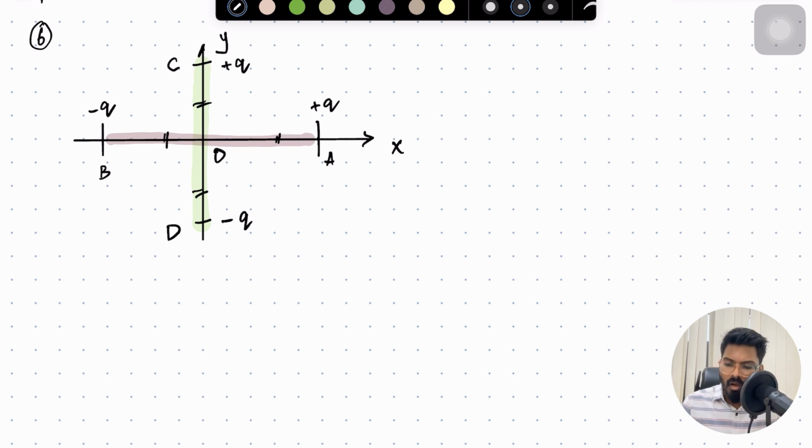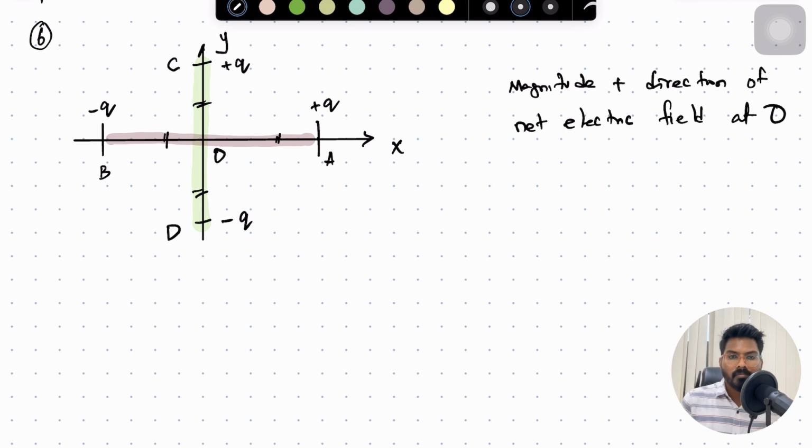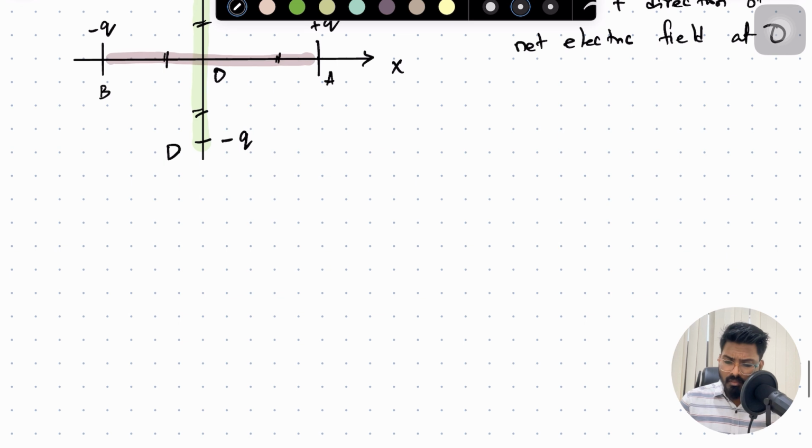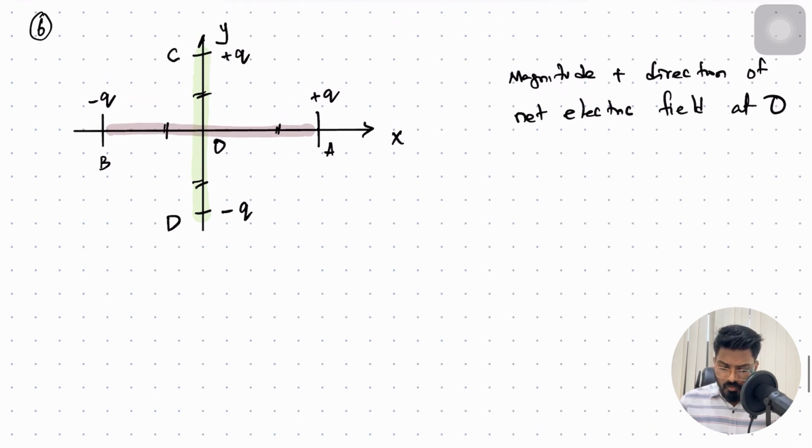Now we are looking at the magnitude and direction of the net electric field at O. So we want to calculate that. How do we do that? So we take firstly E1.